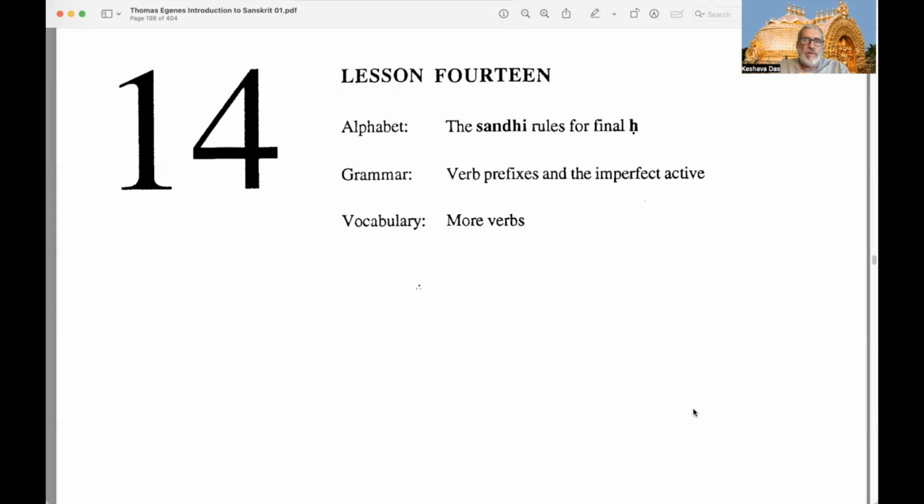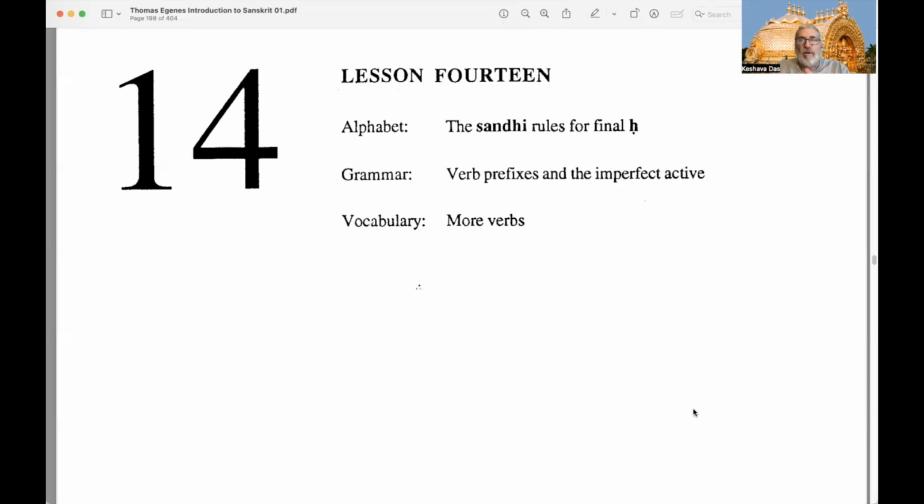And in the last few lessons, we've had verbs that have middle endings. We also came to understand they're called atmanepada verbs. And we've also understood that there's a third type of verb called an ubhayapada verb, a root that can take either ending, both the active and the middle.